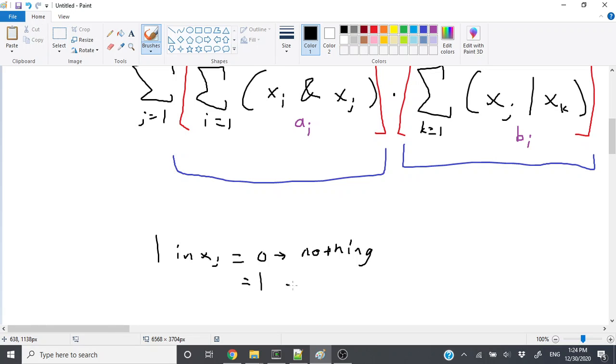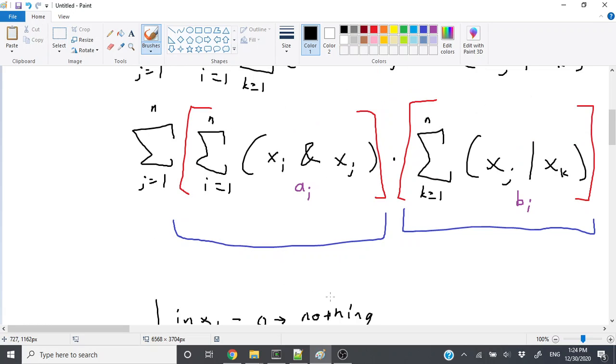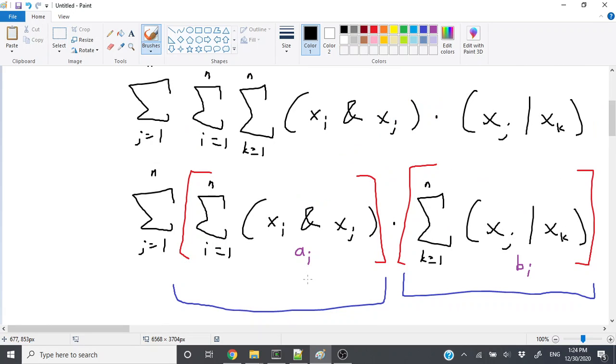But if it's 1, then we get the number of ones in total. Because it's essentially x_i and 1, but anything and 1 is itself, so now we're interested in the sum of x_i, which is just the number of ones in total.